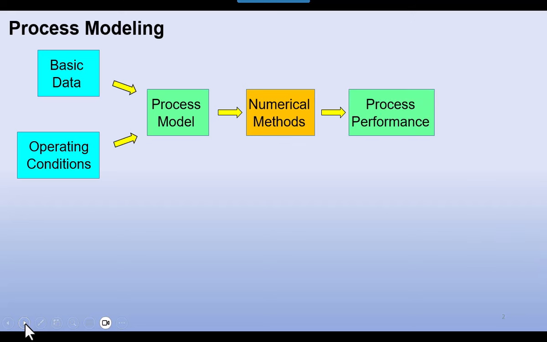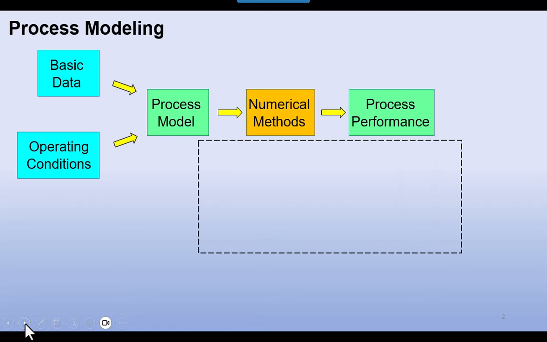Now, there's another stage to this which happens often in practice, and that we outline in a dashed line here. And that is where we have operating data. This may be in a laboratory from experiments. It may be from an operating process or pilot plant. And we're able to do a comparison between our model performance and actual operating data performance.